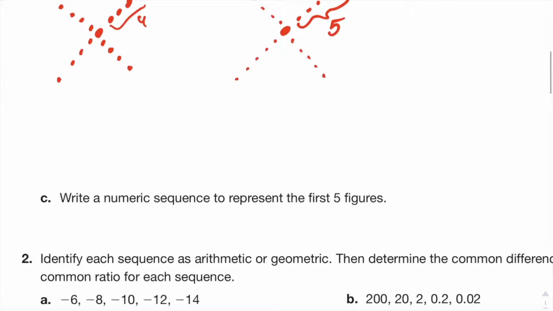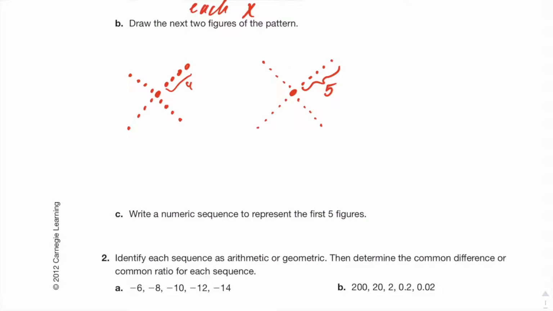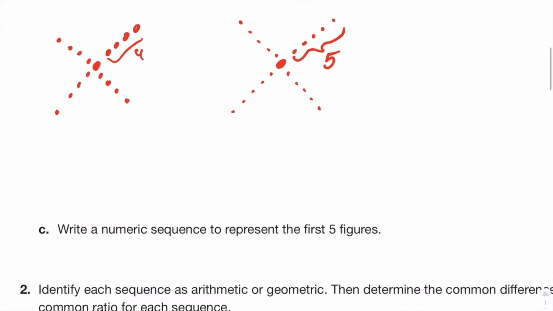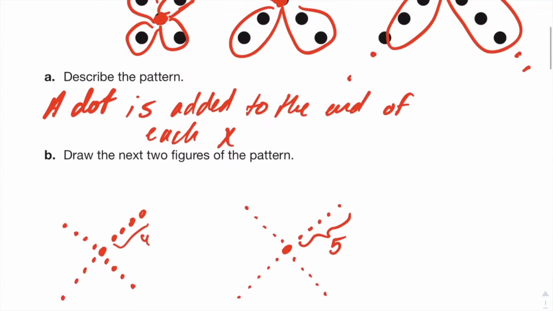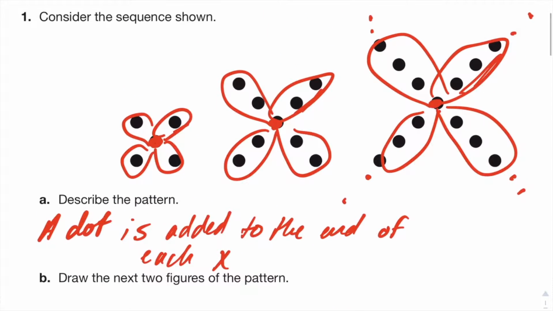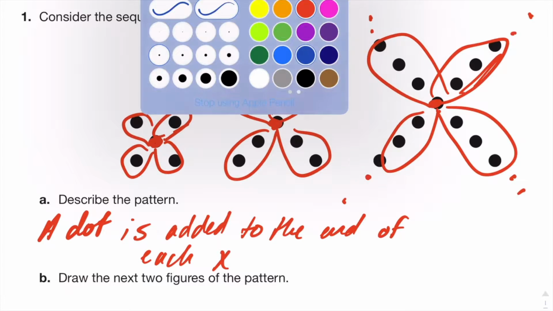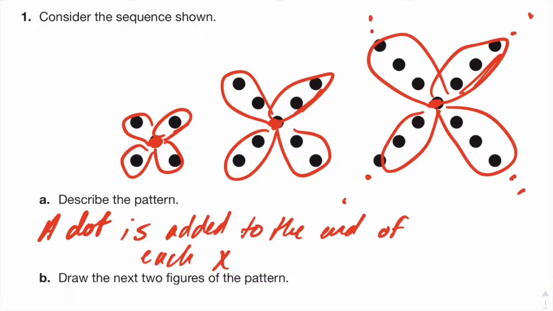Okay. Write a sequence to represent the first 5 figures. Well, okay. So let's see. How many circles or dots are on this one here? 1, 2, 3, 4, 5. Then we add 1 to each end. So 1, 2, 3, 4, 5, 6, 7, 8, 9.